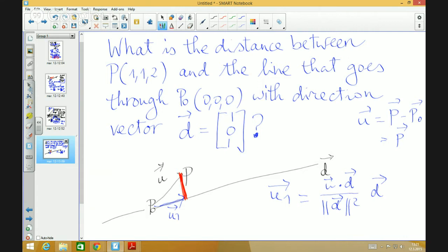And what is the red vector? Well, to go from P0 to P, I can go from P0 by following U1, and then I can go up the red vector. So the red vector is what I'm missing. It's the U2 that we had before.